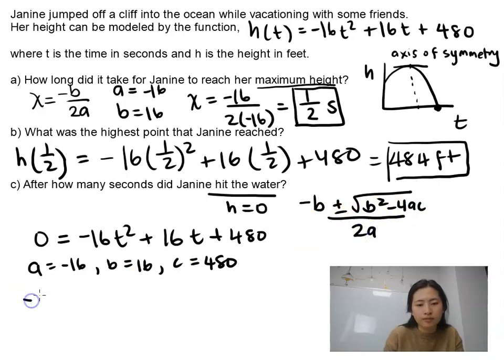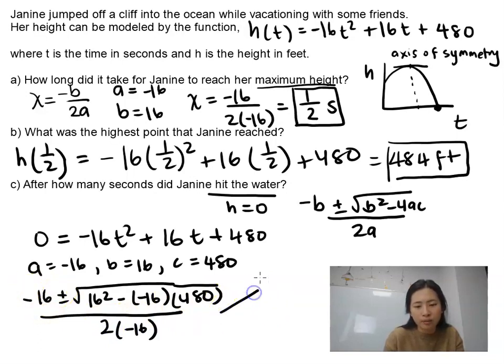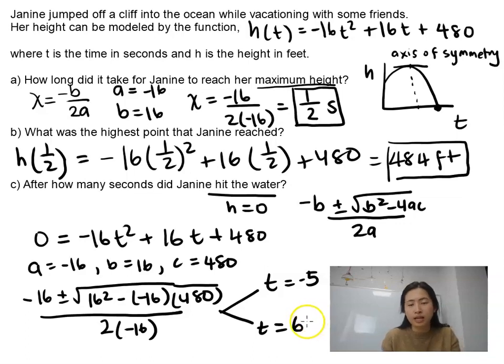So we have negative 16 plus or minus the square root of 16 squared minus negative 16 times c, which is 480, over 2 times negative 16. So we're going to have two values because you have plus or minus. So if you're adding, you should get t is equal to negative 5. If you're subtracting, you have t is equal to 6. And because we cannot have negative time, that means our time would be 6 seconds.